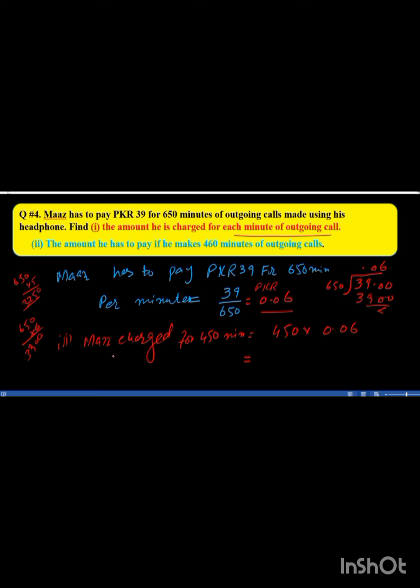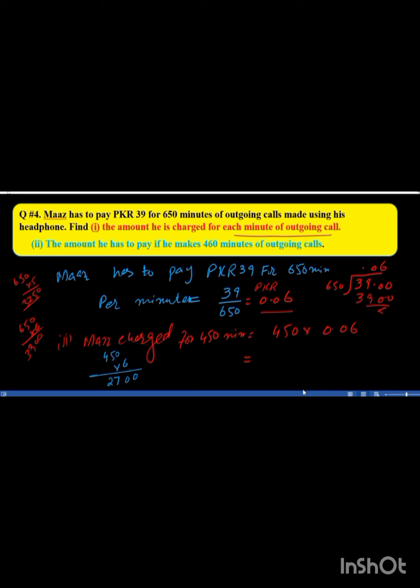So I multiply. Again I have to change the color of the pen so it is clearer to you. We have to multiply 460 with 6, 0.06 means we will then place the decimal. Okay, I made a mistake.